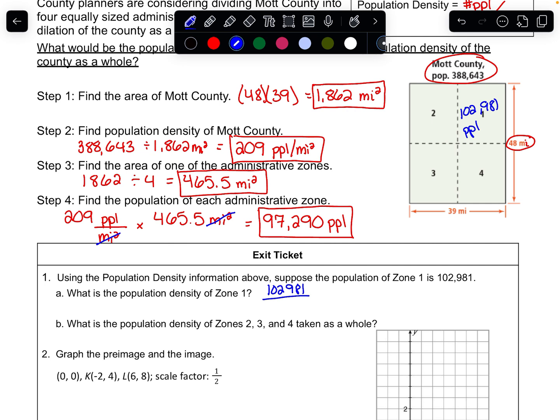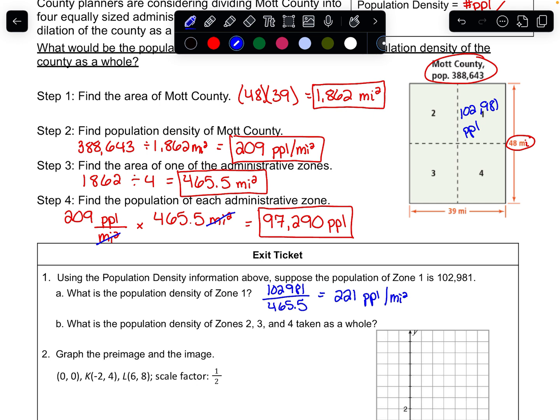The area just of zone 1 would be the 465.5, because that is the area of one administrative zone. So 102,981 divided by 465.5 gives us a population density of 221. I'm going to keep it at 221 people per square mile, because in the numerator we had people, in the denominator we had miles squared, so people per square mile.